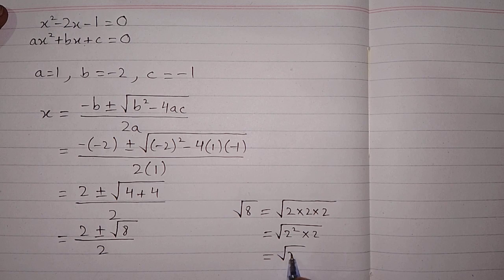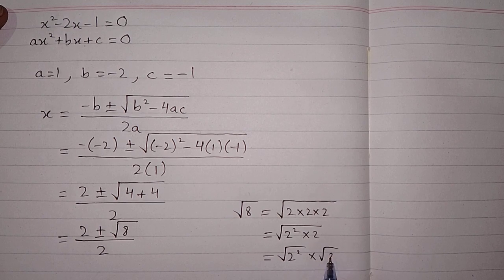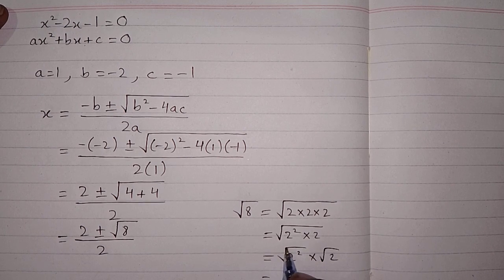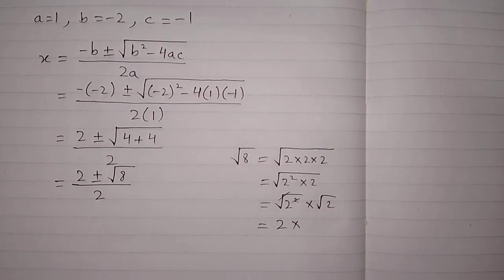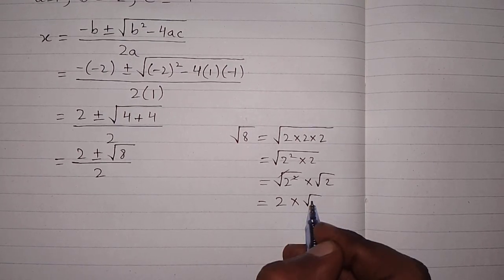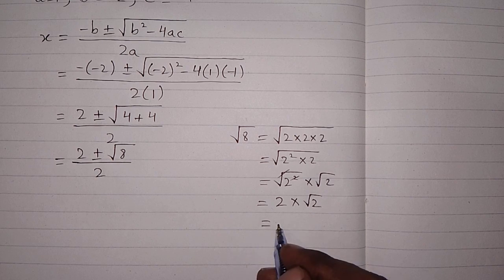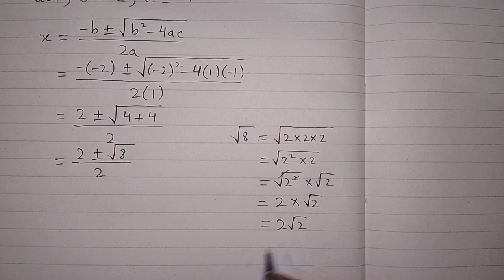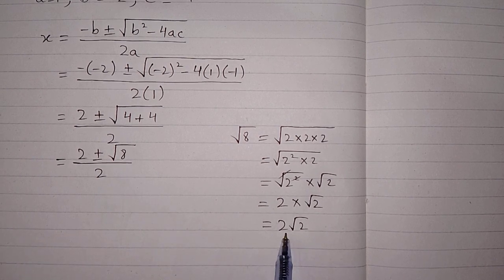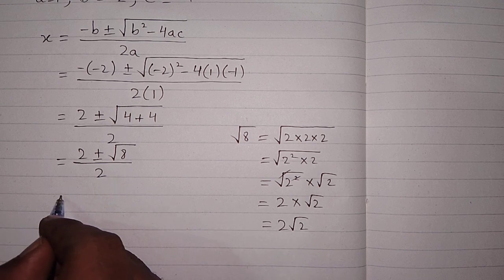So we have square root of 2 square multiplied by square root of 2, and then square root and square can be cancelled, so we have 2 multiplied by square root of 2, and this can be written as 2 square root of 2. So we can put 2 square root of 2 in place of square root of 8.